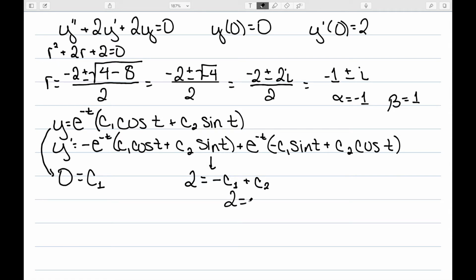So that gives me 2 is equal to c2, since we know c1 is equal to 0. So my solution would be 2 e to the minus t sine t.